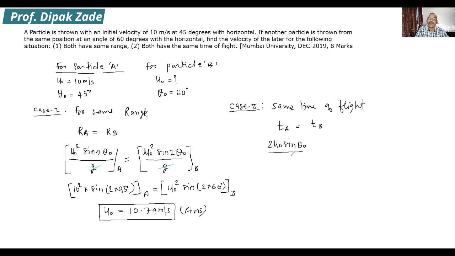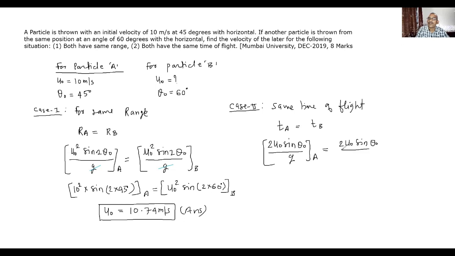This is written for particle A, and for particle B, as they are the same, we can equate it: 2 u0 sine of theta 0 upon g.